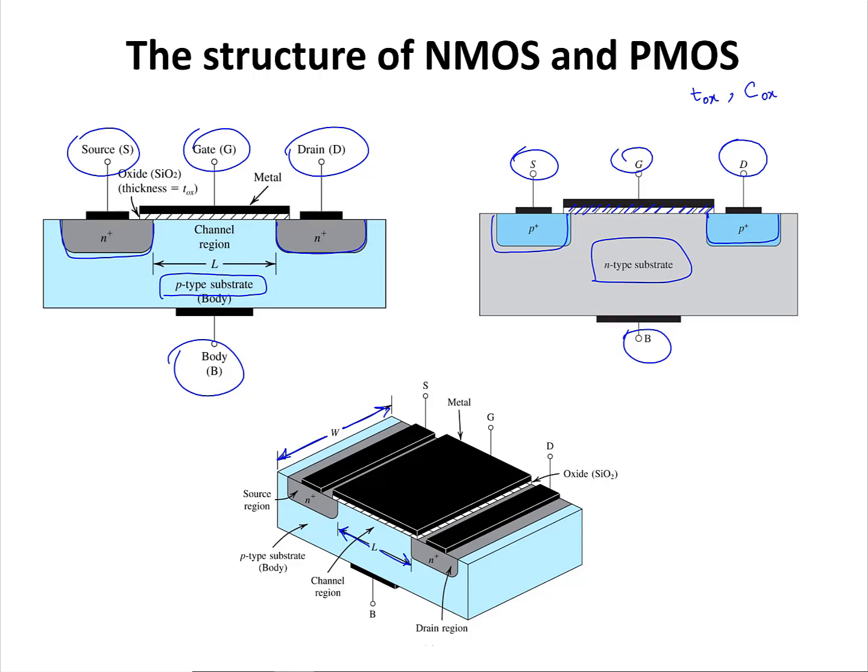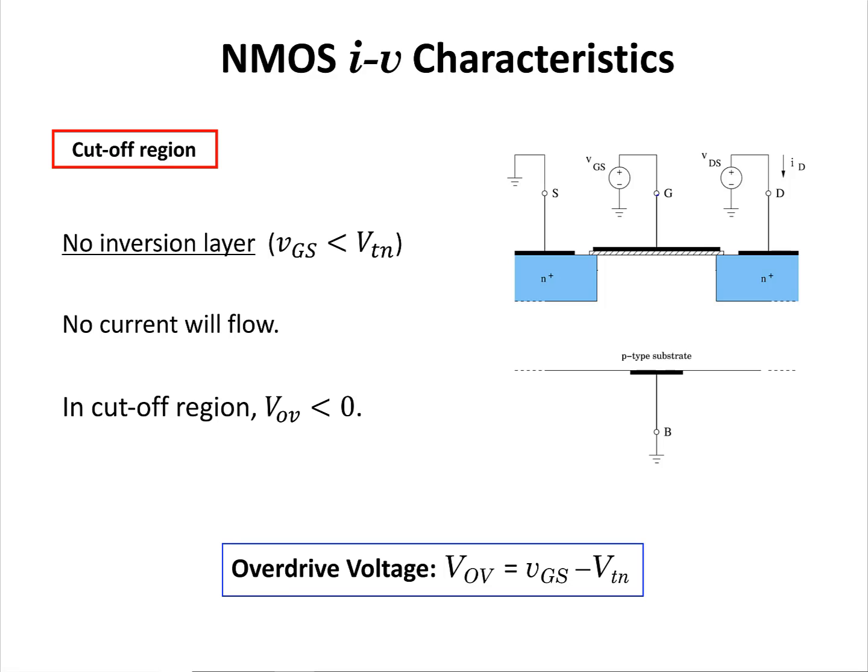The first region of operation of an NMOS transistor that we are going to study is the cutoff region. In the cutoff region, there is no inversion layer generated under the gate, so there is no channel under the gate for an NMOS transistor. As a result, there is no path for the current to flow from drain to source.